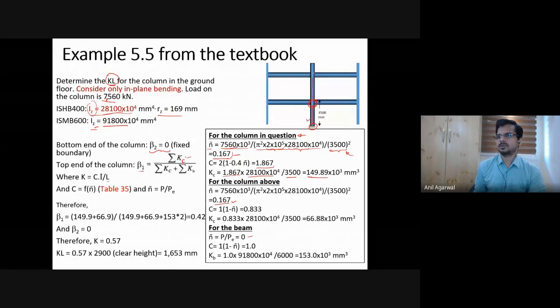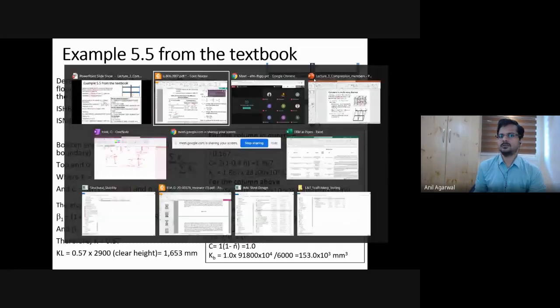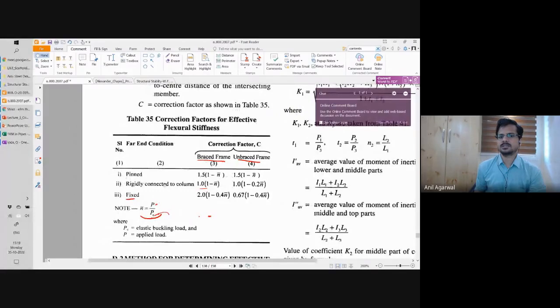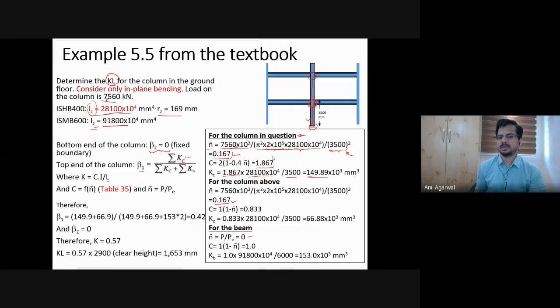The far end is this one. At the far end, what is happening to this column? Is it pinned, is it fixed, or is it rigidly connected to another column at the far end? It is rigidly connected to a column at the far end. So with a braced frame, I need to use 1 multiplied by (1 minus n bar). That's what I use here, and I get a C value of 0.833.